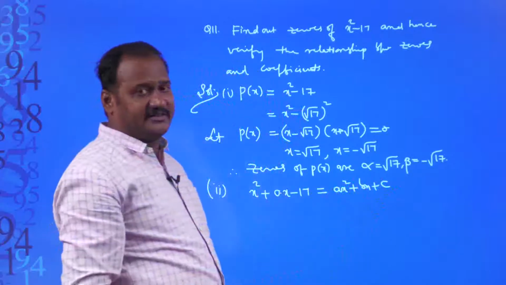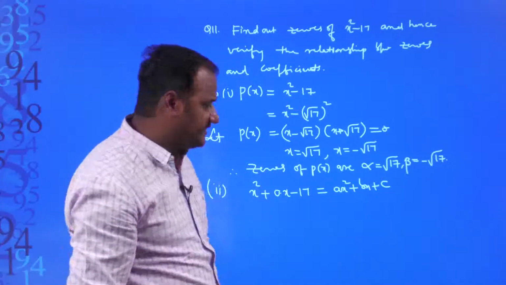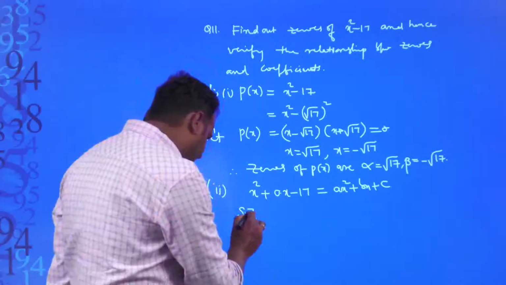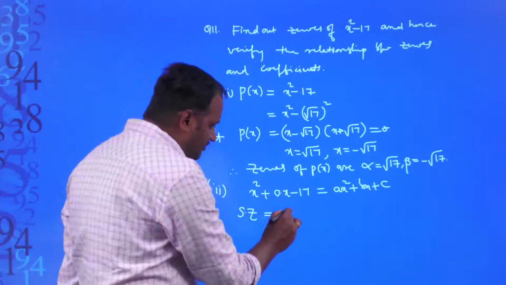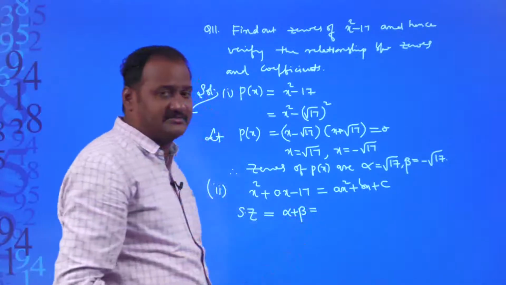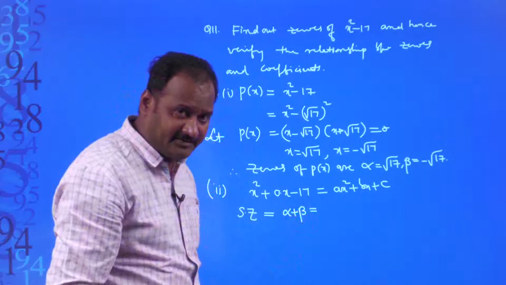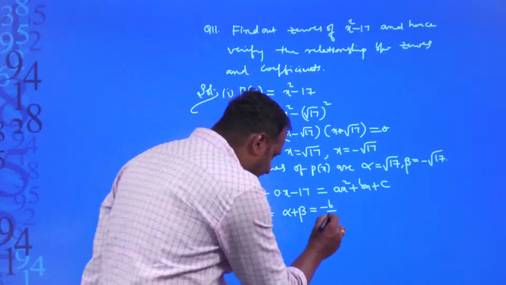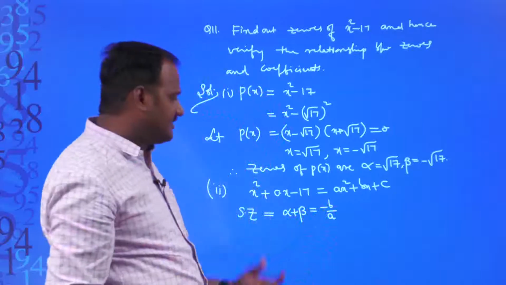Now I am going to verify the relationship between zeros and coefficients. First of all, sum of zeros of the polynomial. Sum of zeros is equal to alpha plus beta. Just now we obtained one formula for the sum of zeros, alpha plus beta. Have you remembered that? Yes, that is minus b divided by a. Substitute the values.